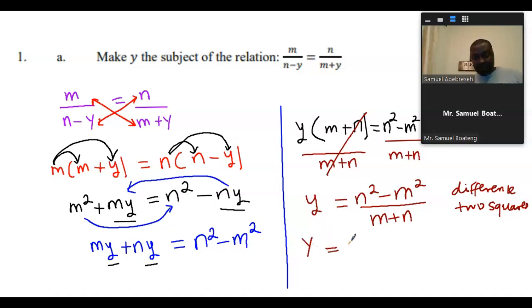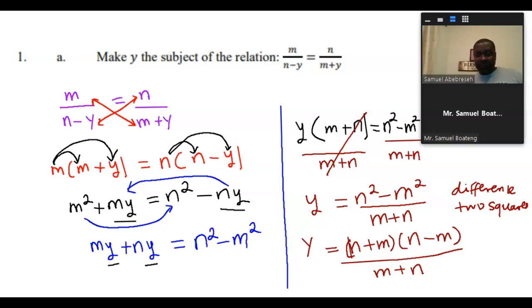So we have Y equal to N plus M in one bracket times N minus M in another bracket, over M plus N. Now looking at properties of operation, we have the commutative property.